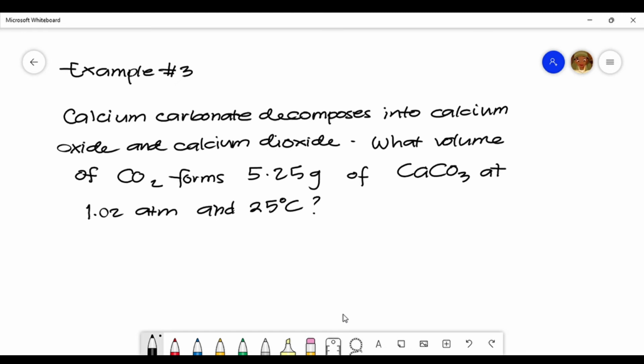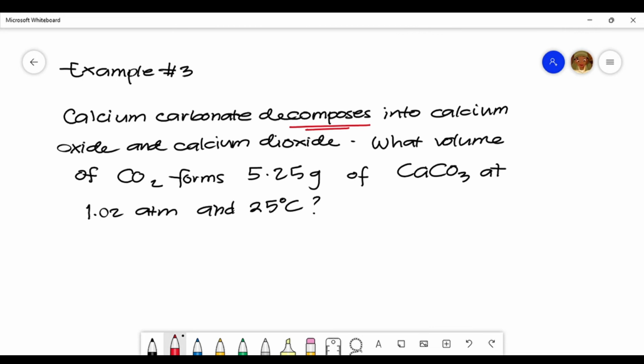Here we have the third example, where we are asked for the volume. It says that calcium carbonate decomposes into calcium oxide and carbon dioxide. So what volume of CO2 forms from 5.25 grams of CaCO3, calcium carbonate, at 1.02 atm and 25 degrees Celsius?